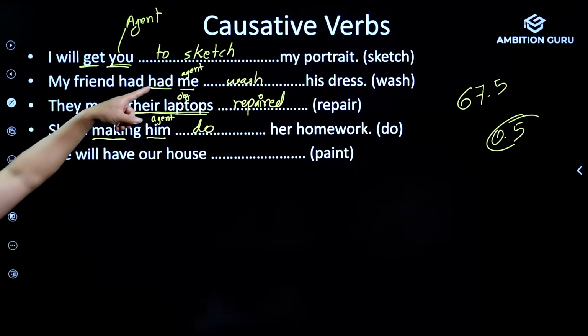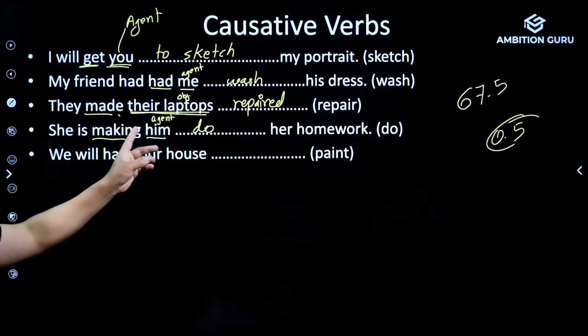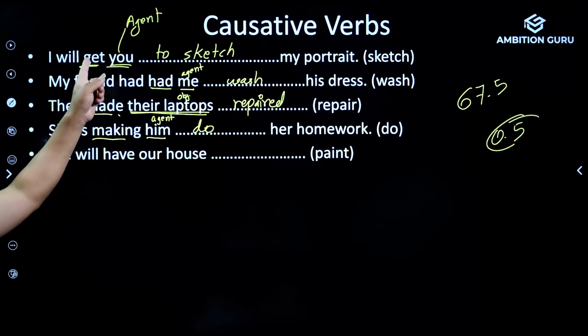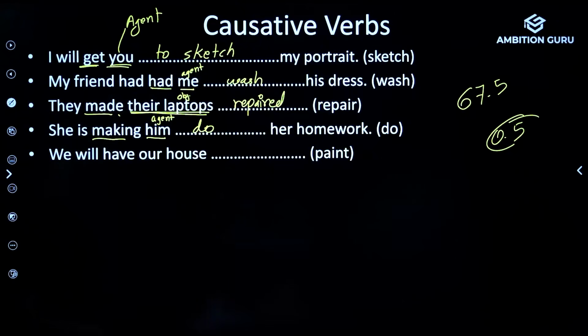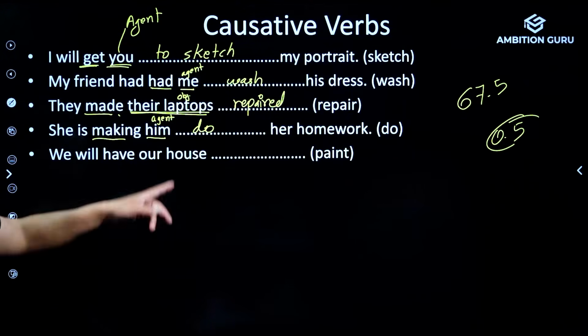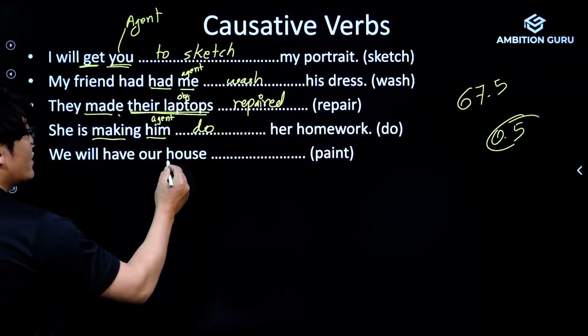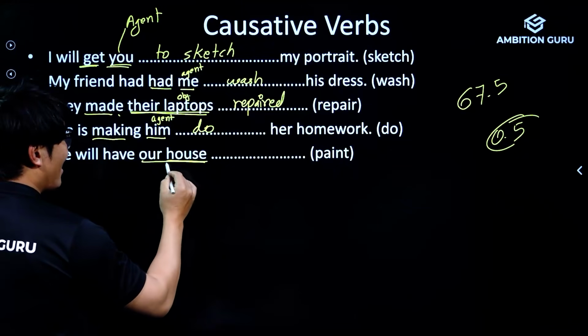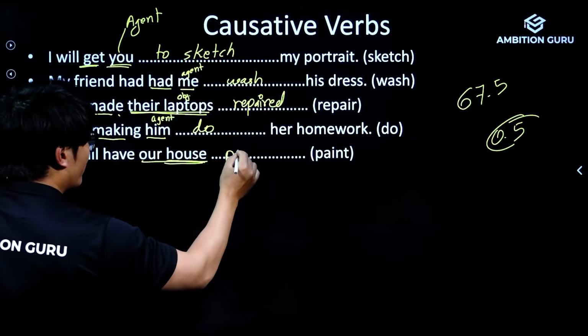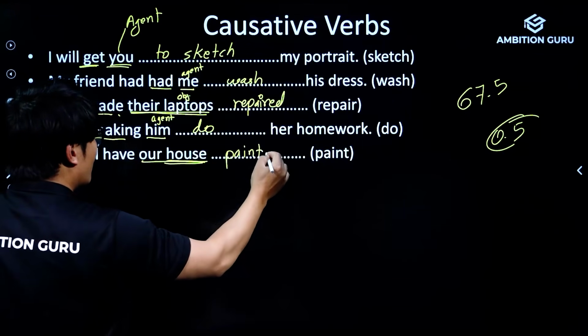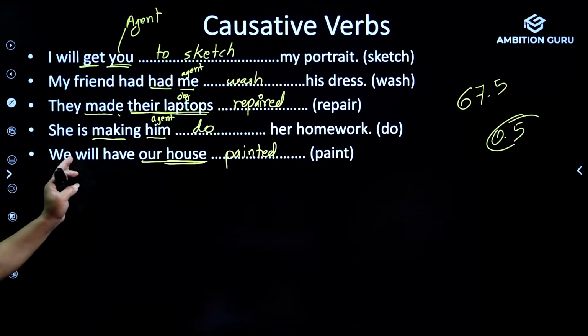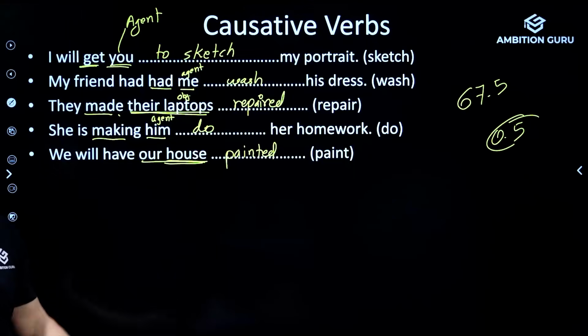So guess, when there is have or make, there is direct verb 1. When there is get, there is to plus verb 1. And when there is an object, there should be direct verb 3. So here also the house is the object. Our house is the object. So here should be verb 3, like painted. So what's the answer? We will have our house painted.